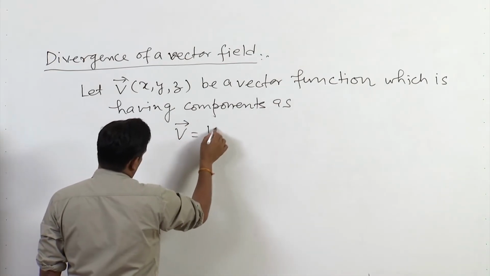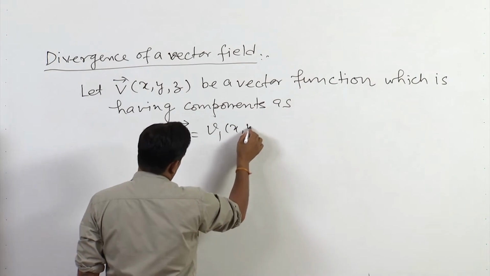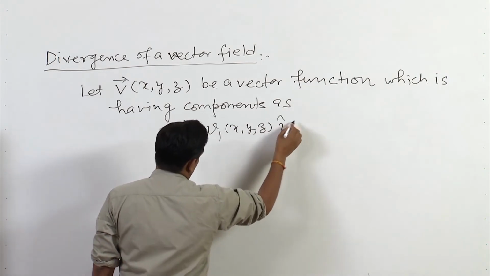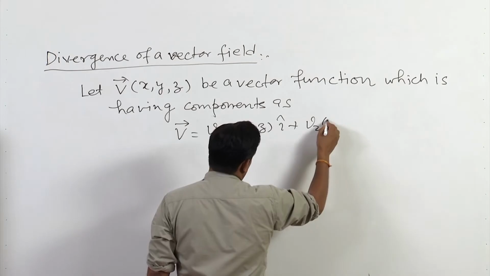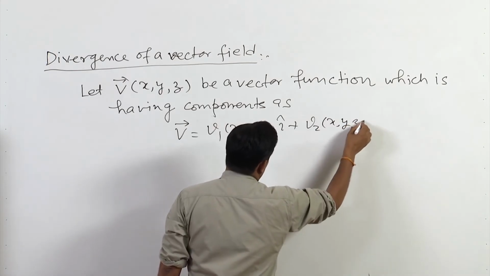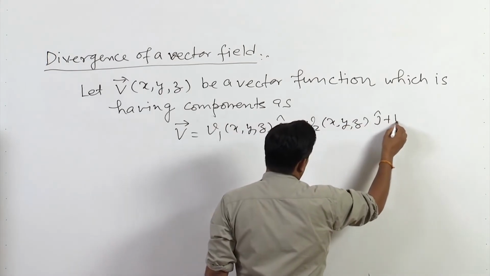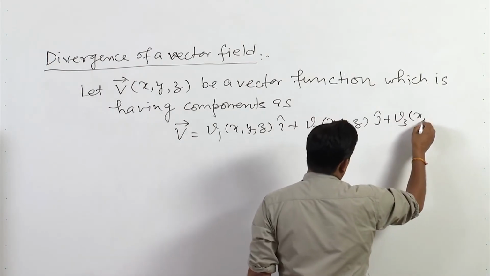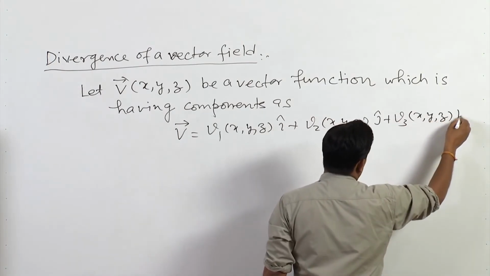V equals V1(x,y,z) i plus V2(x,y,z) j plus V3(x,y,z) k.